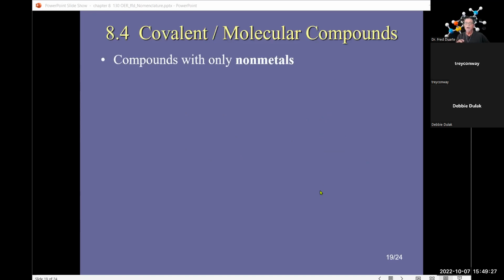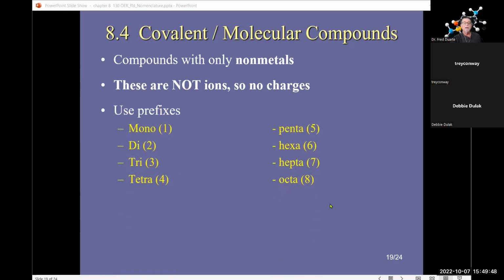Now, when it comes to covalent molecular compounds, this is again nothing but nonmetals. This is what we're gonna talk about now. First of all, we're not working with ions, so there's no charges. We're still working with oxidation numbers. And there are partial charges, but in this case, we do use prefixes, specifically these.